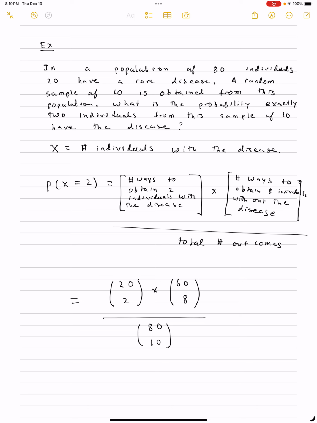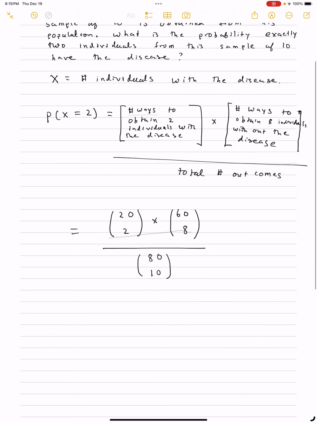So this is called the hypergeometric distribution. And I didn't use a formula to calculate this probability.